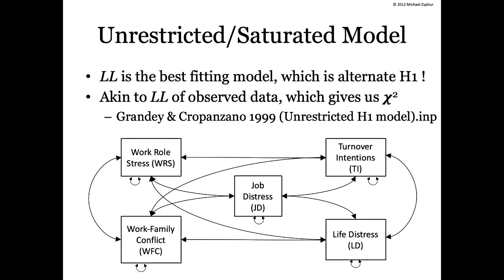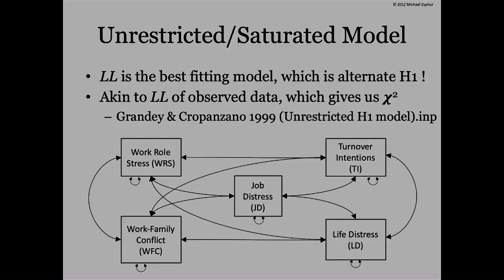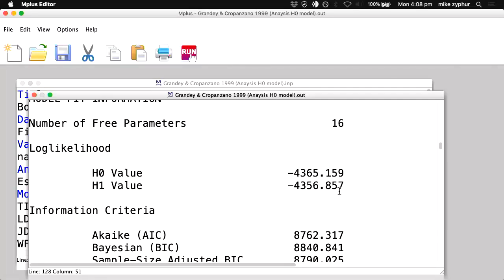This is like saying, when you get the log likelihood of this model, let's go back to the Mplus output. Look at that H1 value. That's the log likelihood associated with that other model, that unrestricted or saturated model. What is this number?